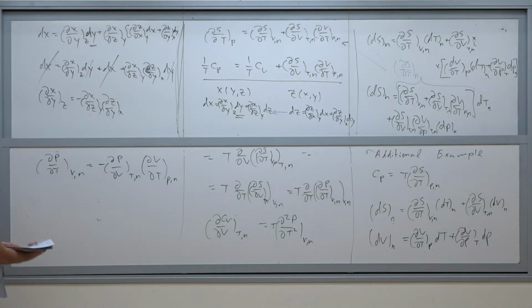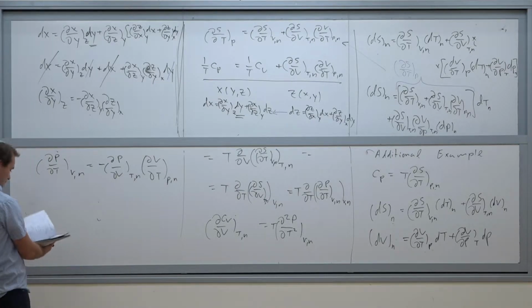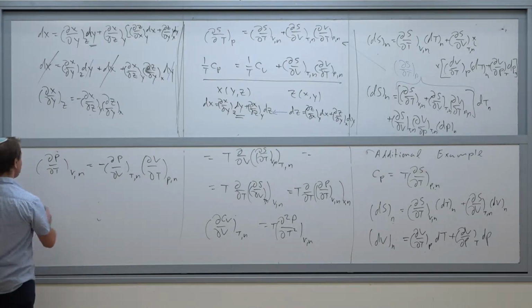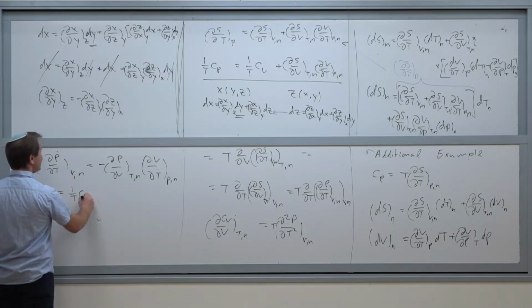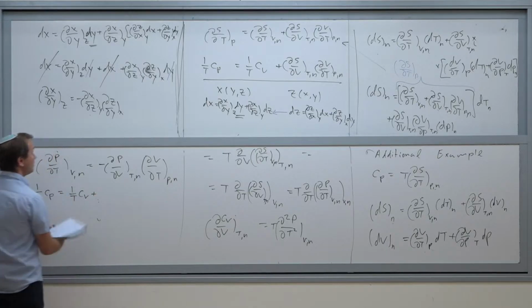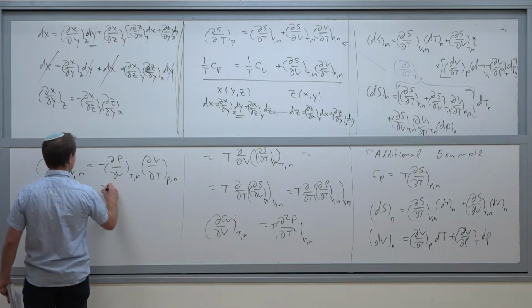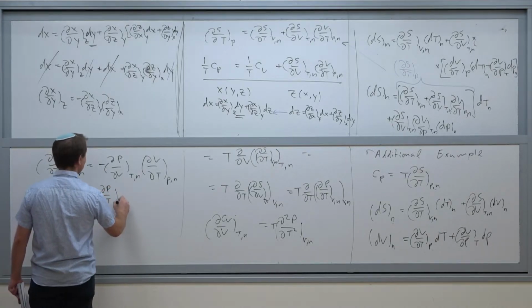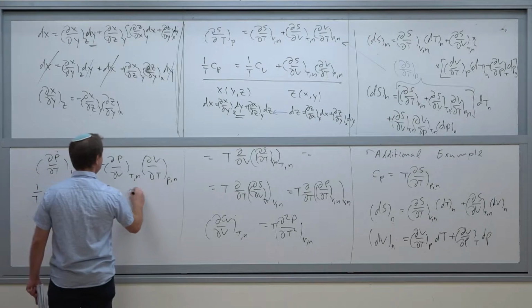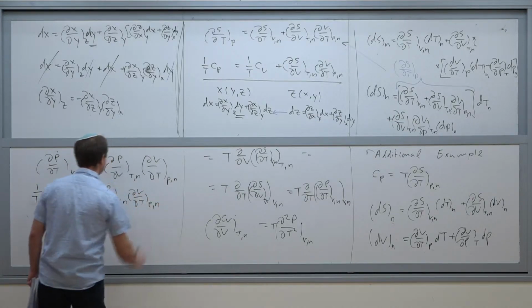So ds dv is simply dp dt. Yes? So let's rewrite it again. 1 over t cp equals 1 over t cv plus, instead of ds dv t and n, we are writing dp dt v and n, times dv dt v and n.